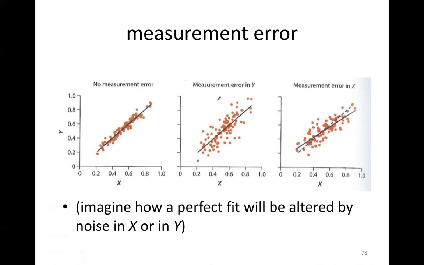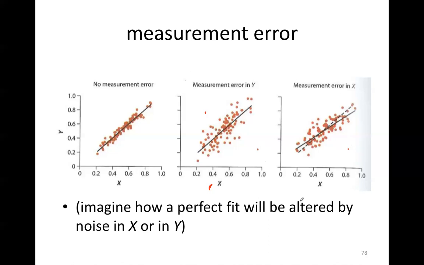Adding two data points, for instance, here and here, won't affect the slope. But if we add noise in the x, so a point that was supposed to be here has two observations here and here, this will make the slope much weaker.